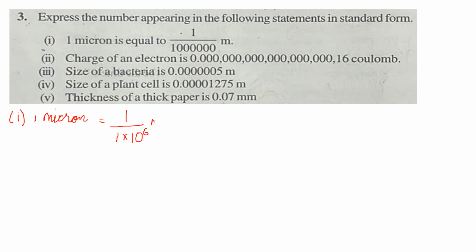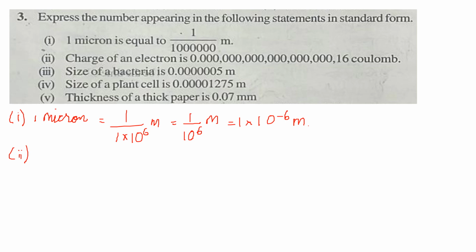To the power 6 meter. 1 into 10 is again 10 only, right? So 10 to the power 6 meter. So this can be written as 1 into 10 to the power minus 6 meter.